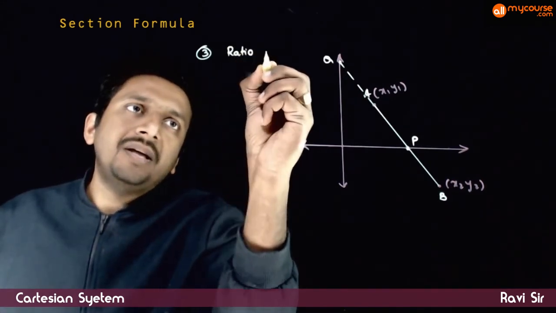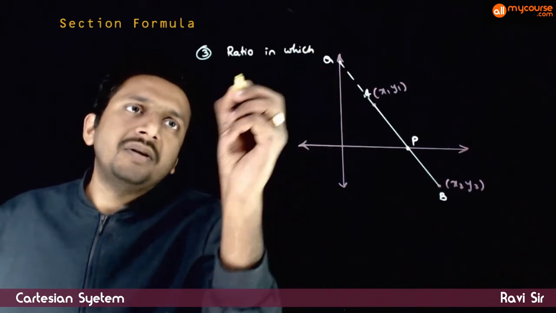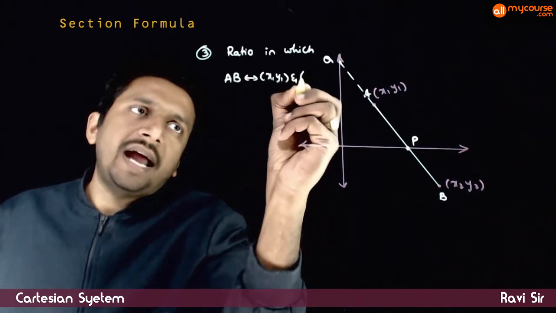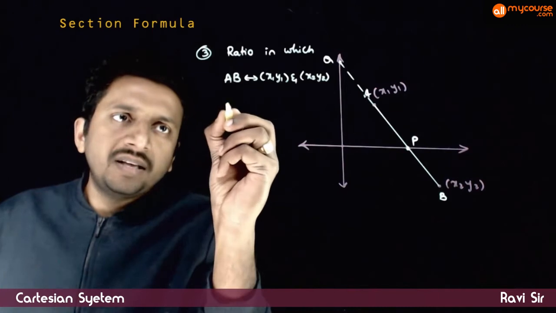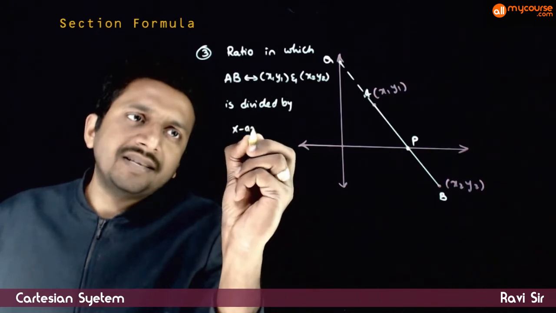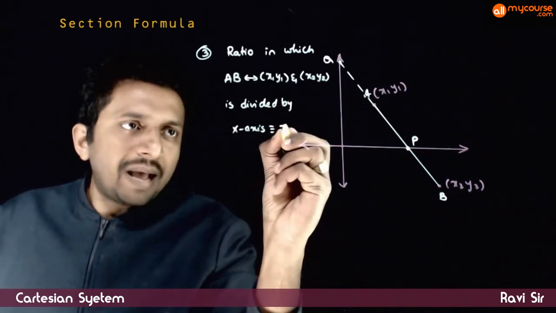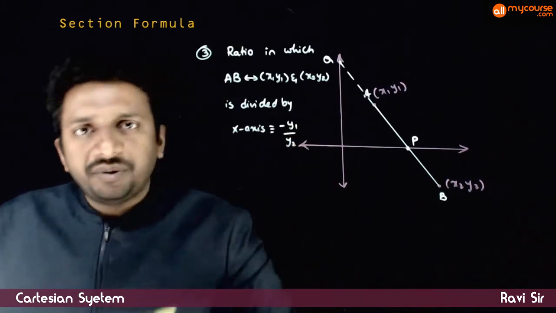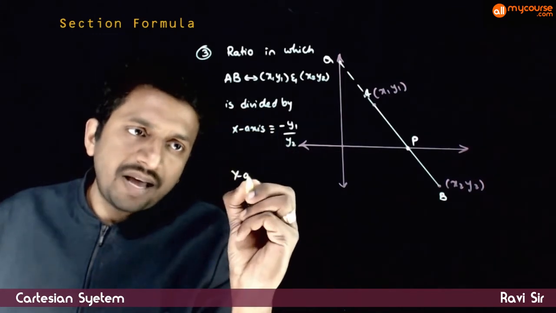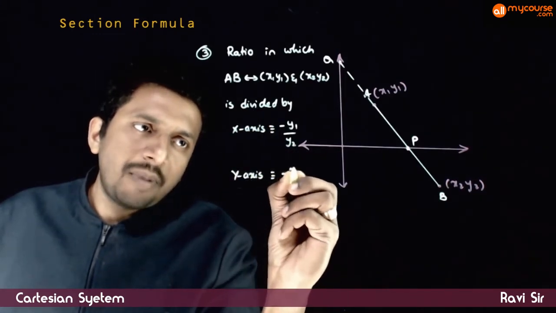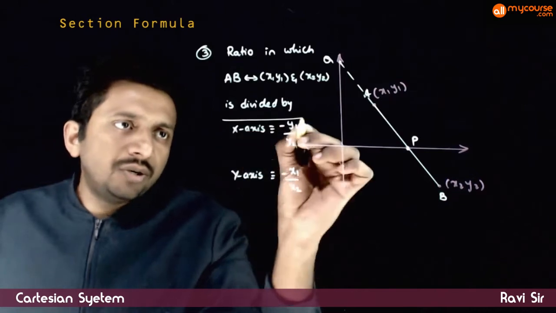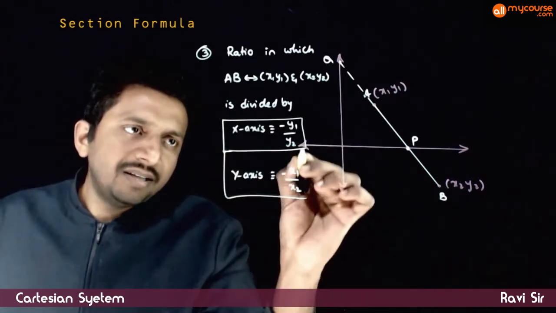So the ratio in which AB formed by x1, y1 and x2, y2 is divided by x-axis is nothing but minus of y1 by y2, and the ratio in which AB is divided by y-axis is nothing but minus of x1 by x2. So these are the two ratios which you can directly remember.